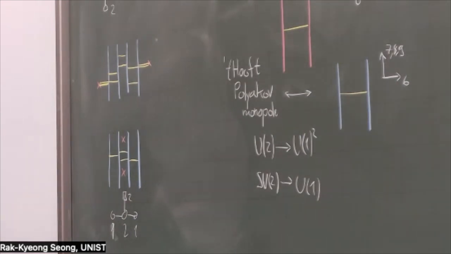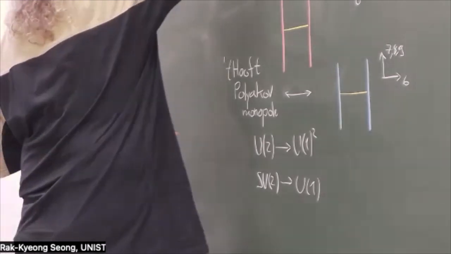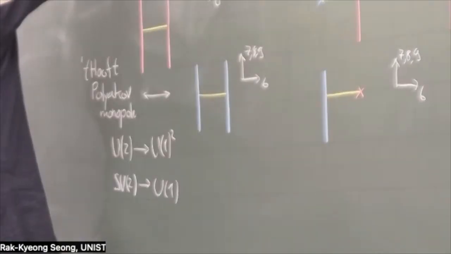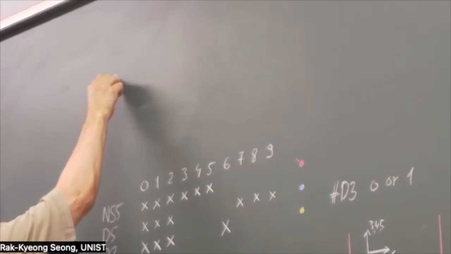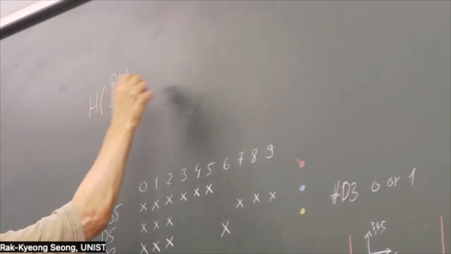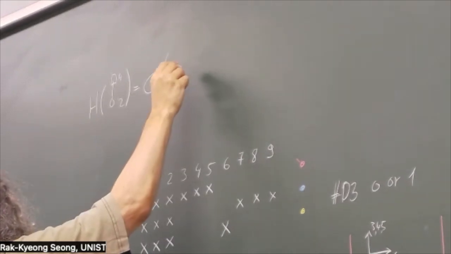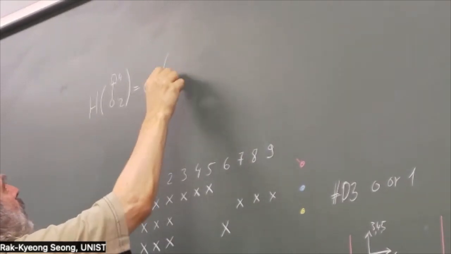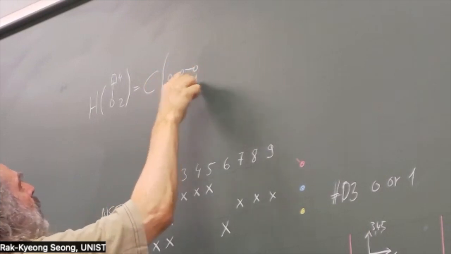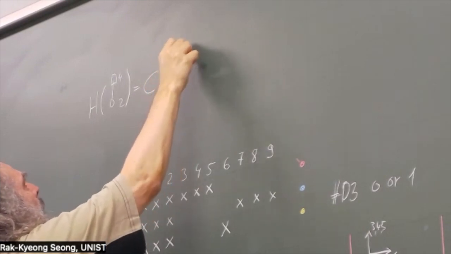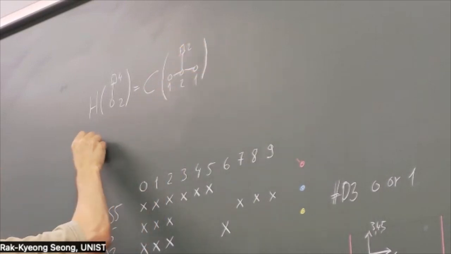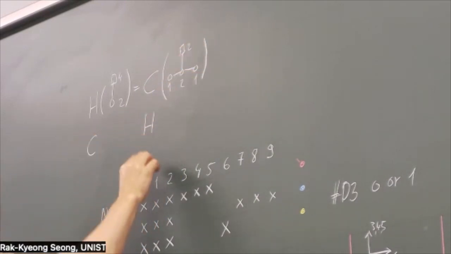Now I can come up with a statement: each branch of 2, 4 is the Coulomb branch of 1, 2, 1. And the Coulomb branch is the Higgs branch. But that's only correct in 2 + 1 dimensions.